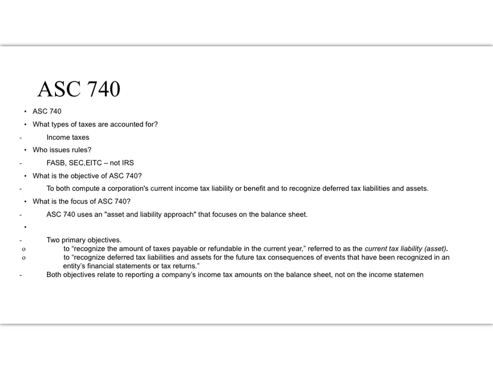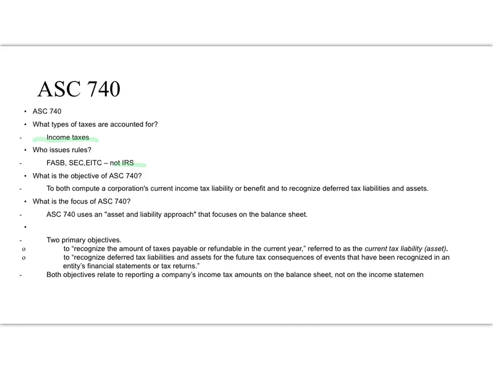So first off, let's talk about ASC 740. ASC 740 deals with income taxes. It is very important to know that it deals with income taxes, not sales tax, not payroll tax, income taxes. The rules are not IRS rules, because this is not related to items on your tax returns, so to speak.